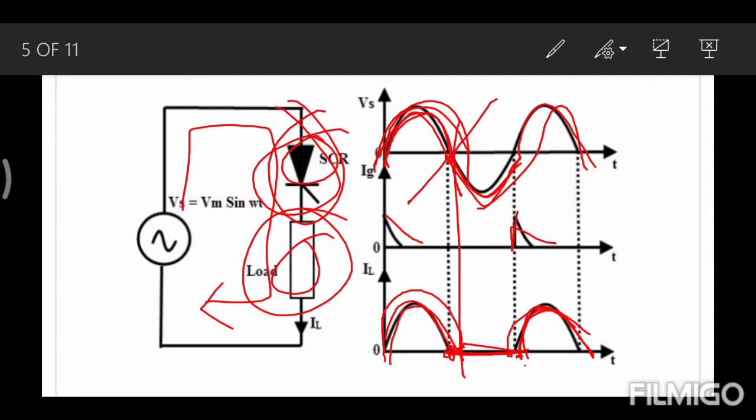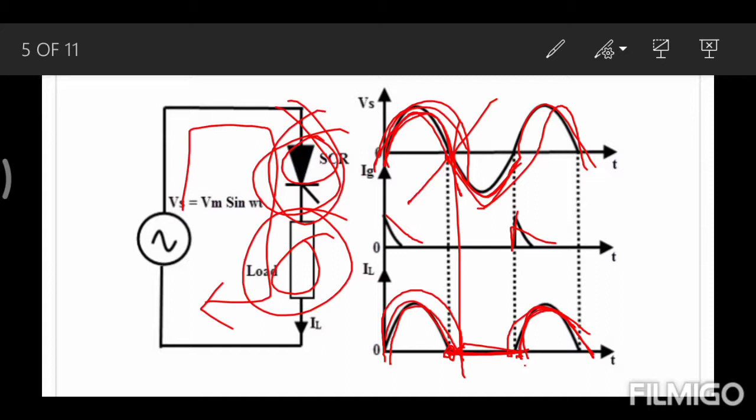So where we are using DC excitation, we must definitely use forced commutation circuits. Students, in our next class we are going to discuss forced commutation.